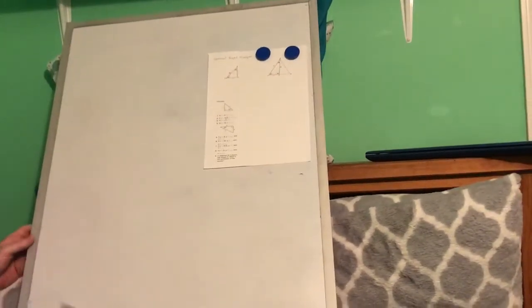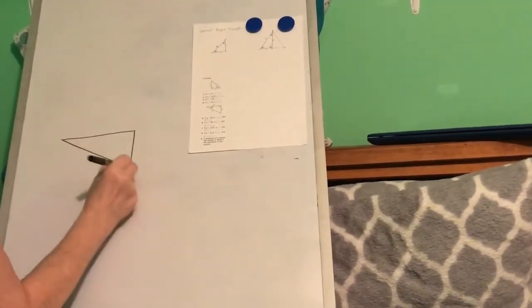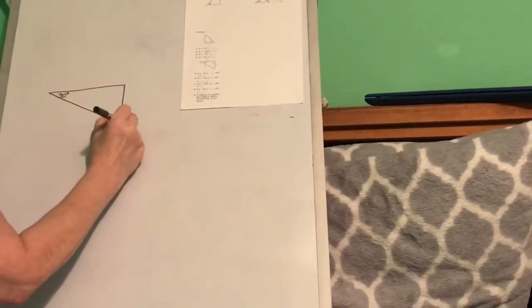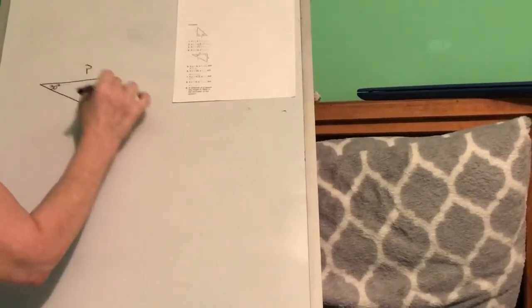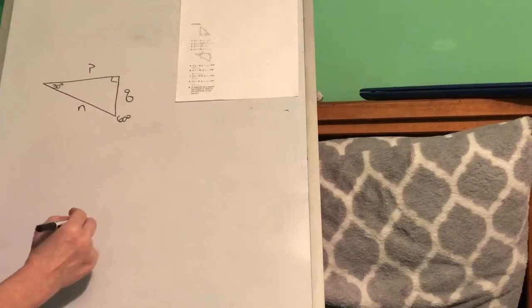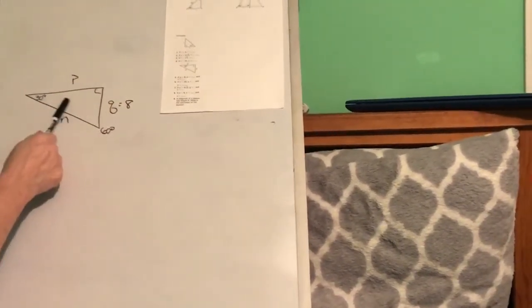All right? So here, in the orientation, we have 30 degrees here, we have 60 degrees here, and we have 90. This is P, this is Q, and this is N. In number 5, Q is 8. So the first thing we are given is the short leg.